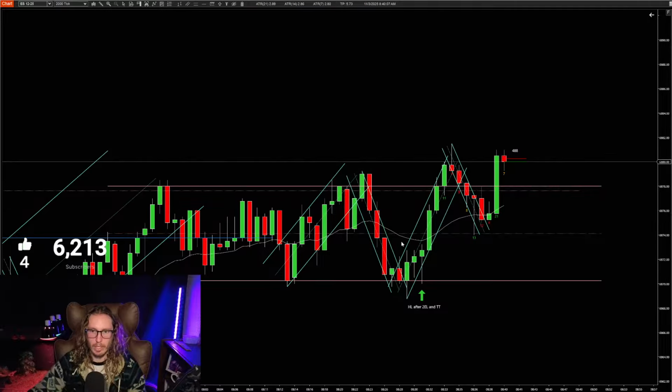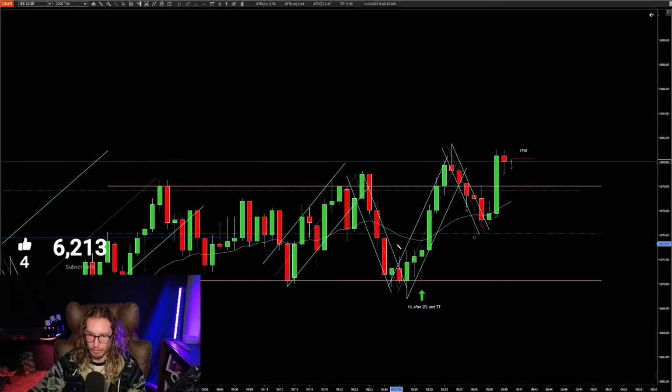So John, second entry long because you have a pullback, first entry long, pullback, second entry long breaks above this bar, right? So technically the second entry long didn't trigger until this bar, and this is also a higher low. So you have a new high, pullback, first entry, pullback, above this bar.